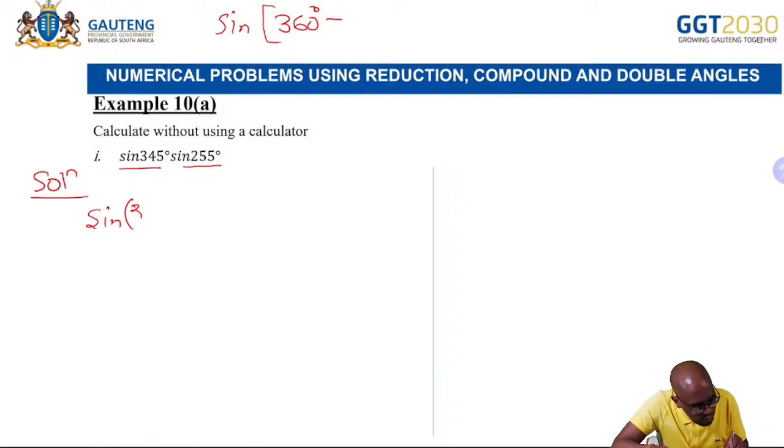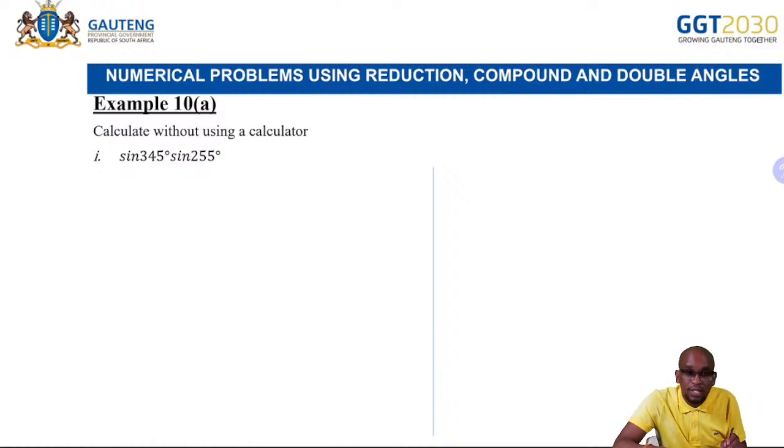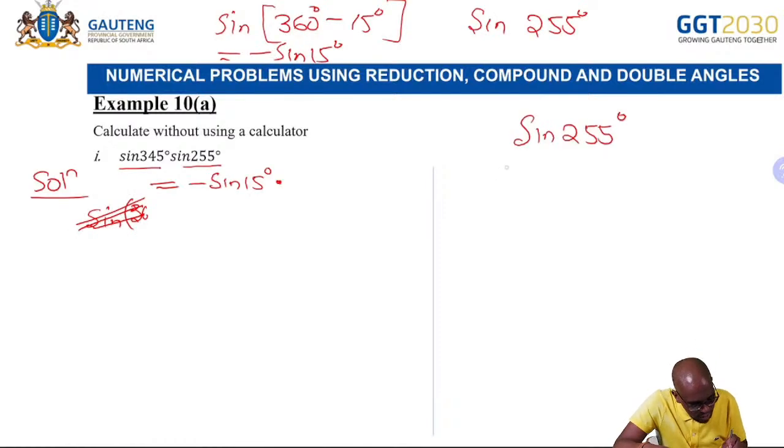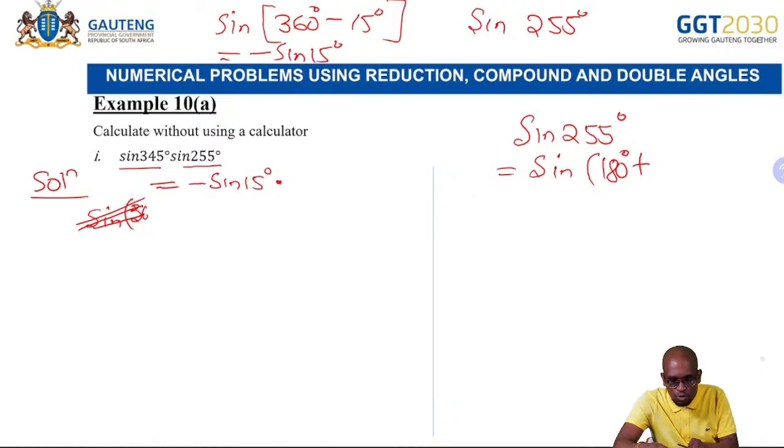sine 255. Let me write it here. Sine 255. We check which quadrant this should be in. It's in the third quadrant. 255 is in the third quadrant. How do we express this in the third quadrant? It's 180 plus. What should we add to 180 to get 255?